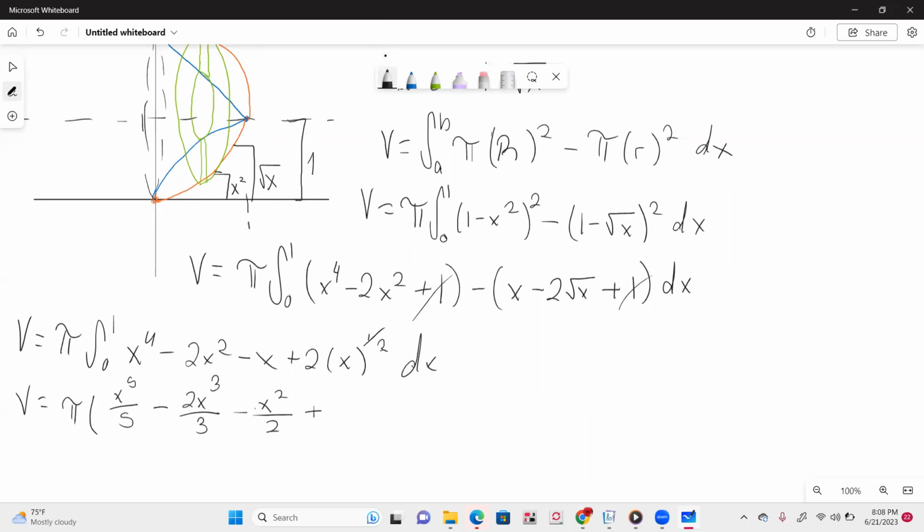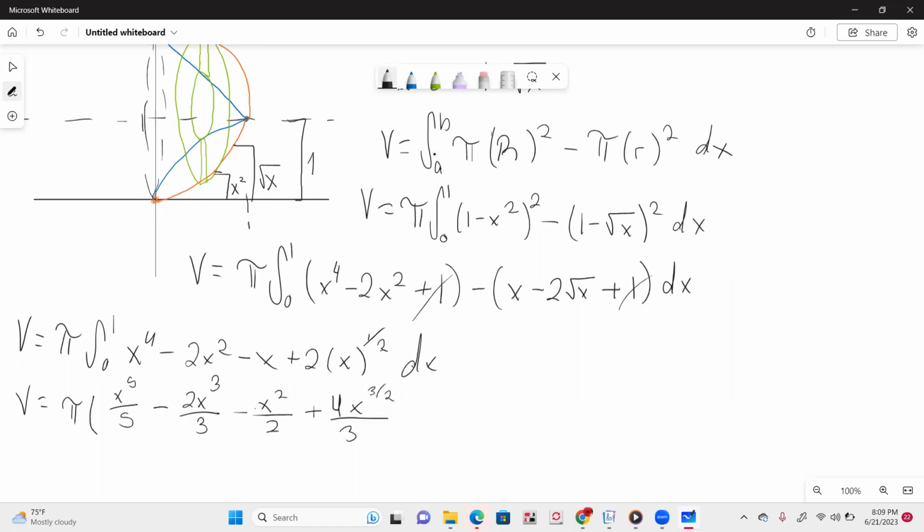and so 2 divided by 3/4, which is going to give us 2 divided by 3/4, keep change flip, is going to be 2 by 2 divided by 3, which is going to be 4 over 3 x to the 3 halves.